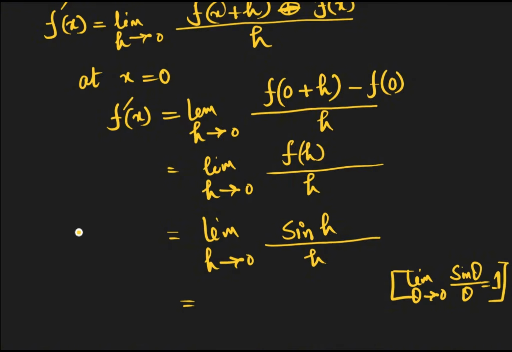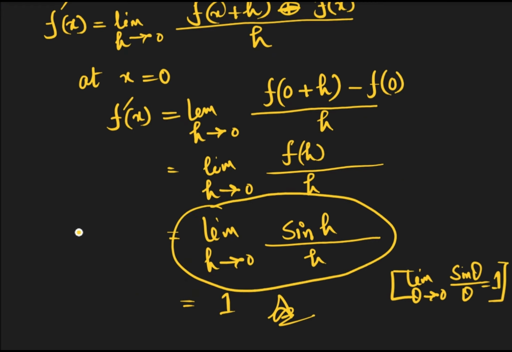So we can write down here 1. So this is the answer, because limit h tends to 0 of sine h over h is the same form. So the answer will be 1.